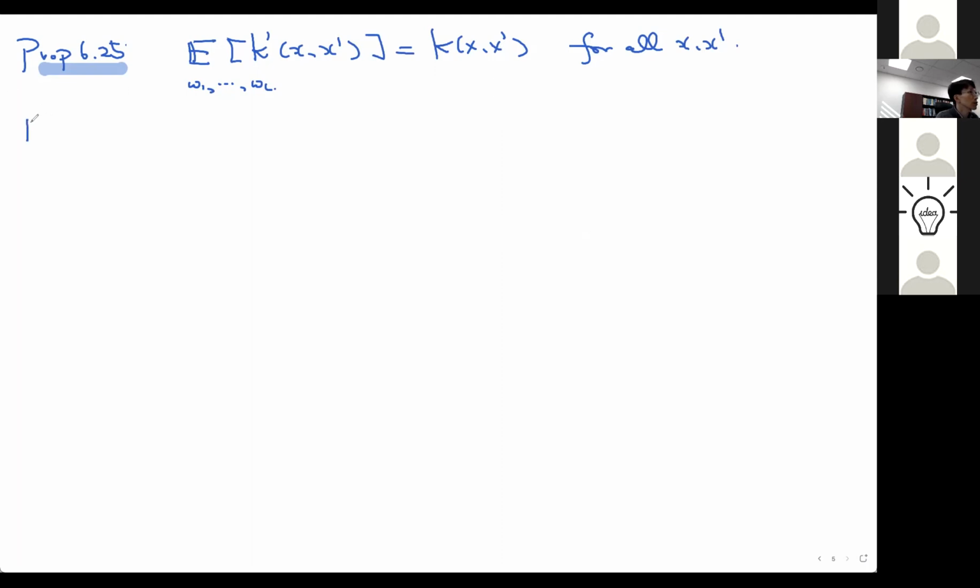And then it turns out they are the same. And the proof is quite simple. So this means our k prime is an unbiased estimate of k. Why is this the case? It's sufficient to show only the case when L is equal to 1, because of the linearity of the expectation.